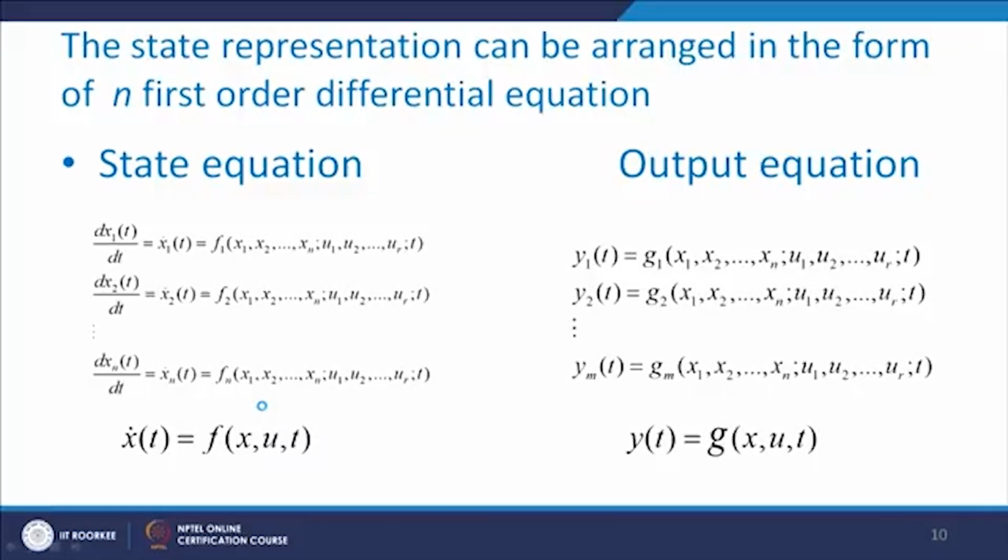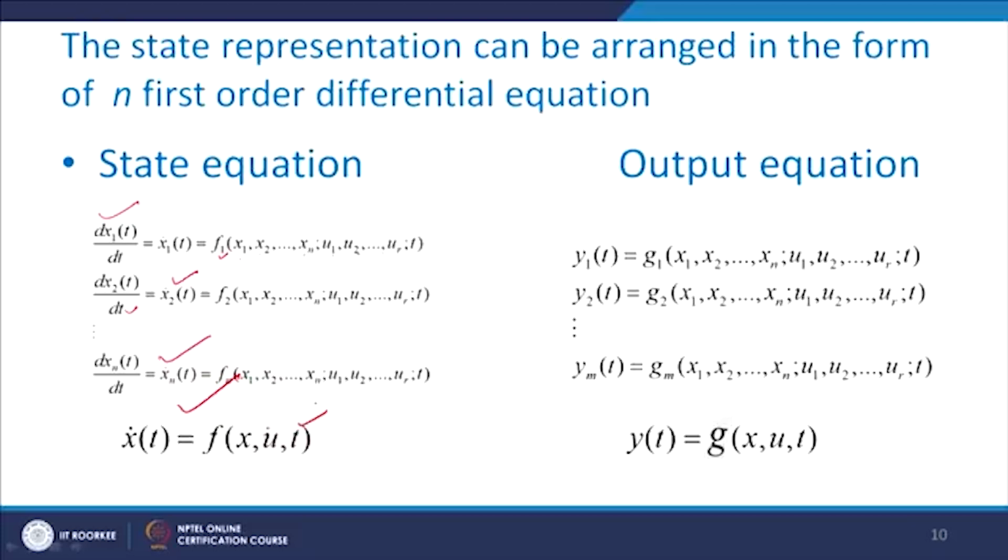So dx1 by dt, that is x1 dot of t, is a function of x1, x2, xn, u1, u2, ur. Similarly, x2 dot is also a function of x1, x2, xn, u1, u2, ur, and dxn by dt, that is xn dot, is also a function of x1, x2, xn, u1, u2, ur. Finally, this is represented as x dot of t equals a function of x, u, t.